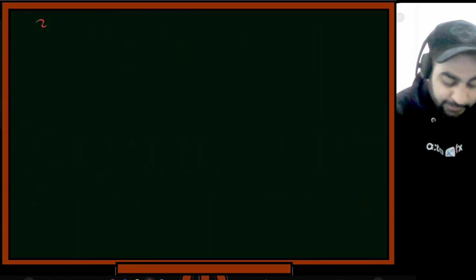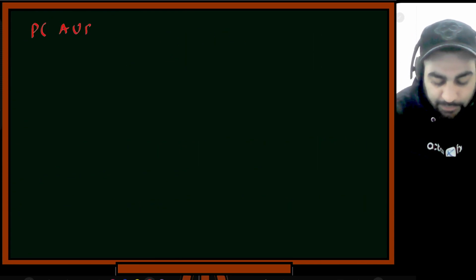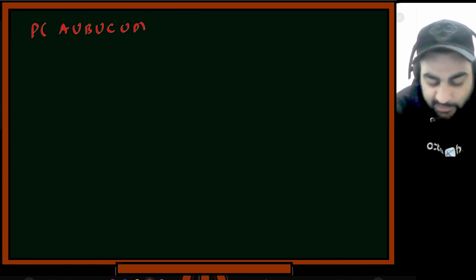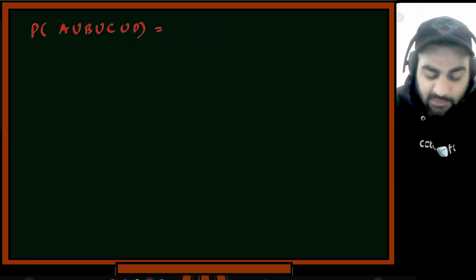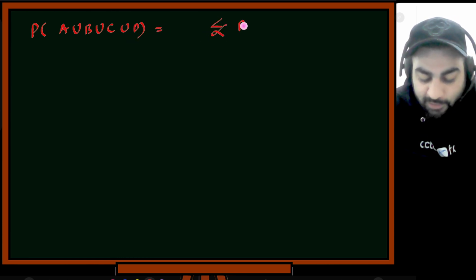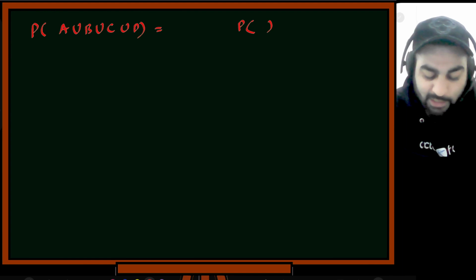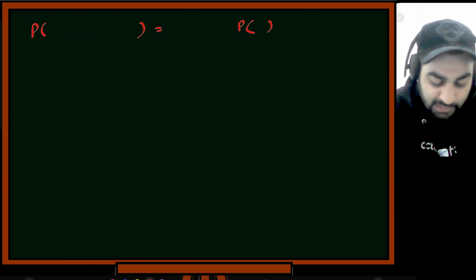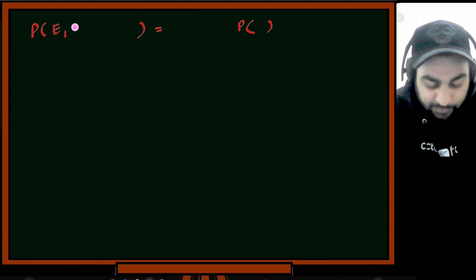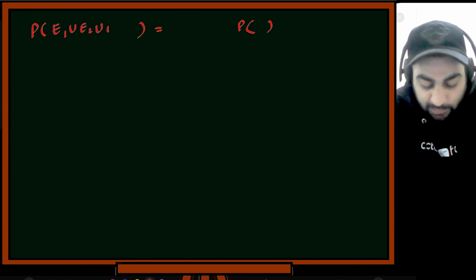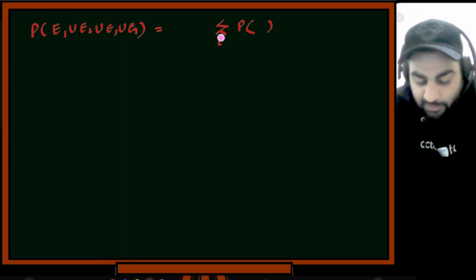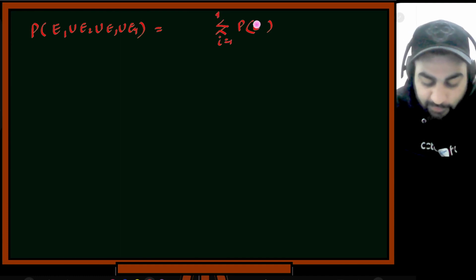I'll write it here: A union B union C union D. Add the summation of probability of all of these events, let's suppose A, B, C, D. I'll write it as E1 union E2 union E3 union E4. So I'll write summation of i from 1 to 4 of probability of E i.